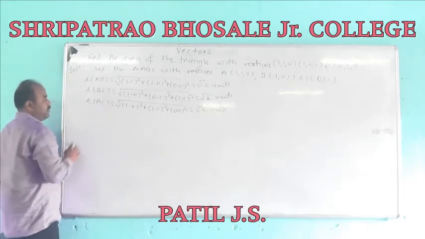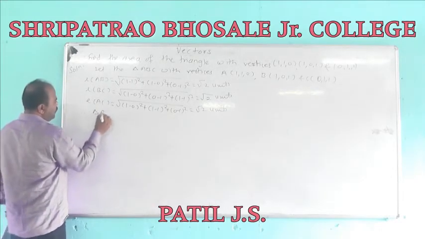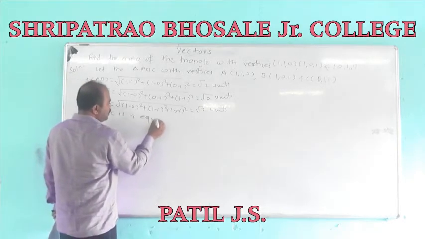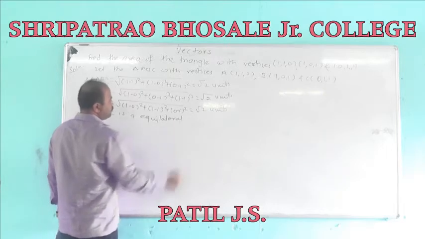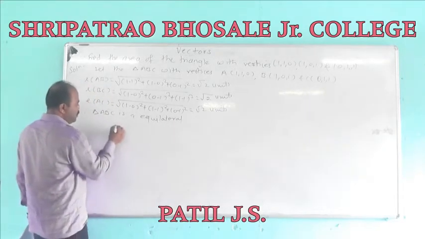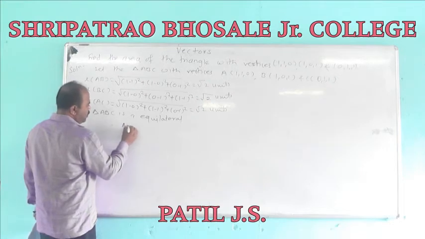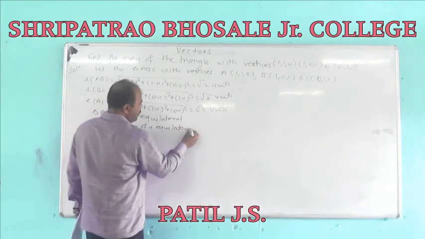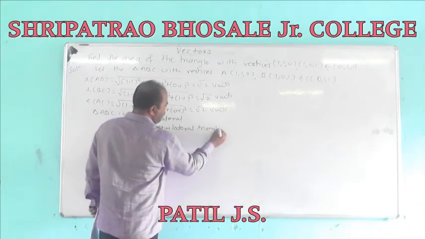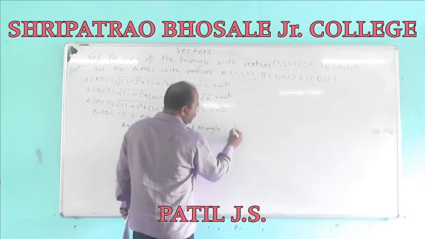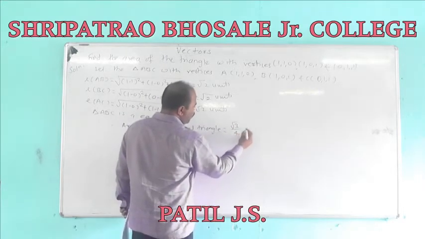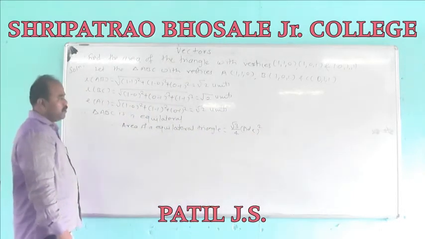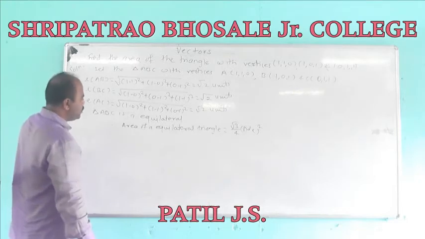All three sides are the same, which means triangle ABC is equilateral. Therefore the area of an equilateral triangle is equal to root 3 upon 4 into side square.